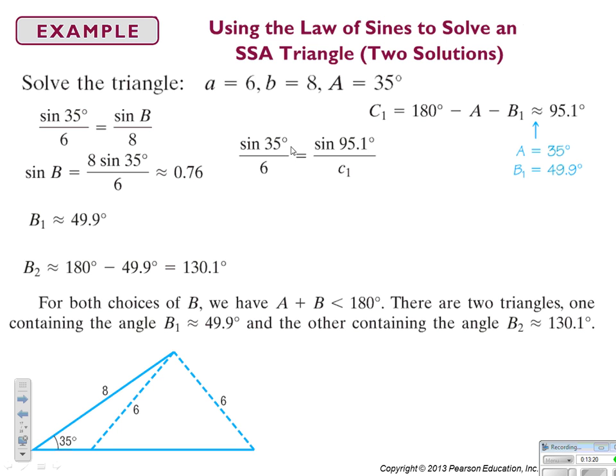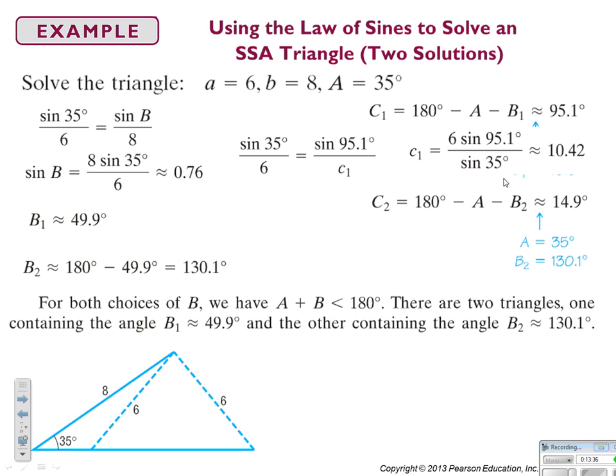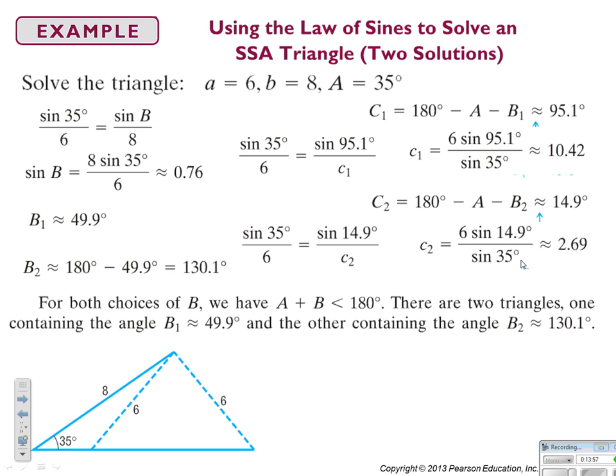So sine of 35 over 8 is sine of 95.1 over c, and we get 10.42. In the second scenario, when our angle B is 130.1, our top angle C is 14.9 degrees, and then we use law of sines to solve that one out. Cross multiply, divide by sine of 35, and we get 2.69.